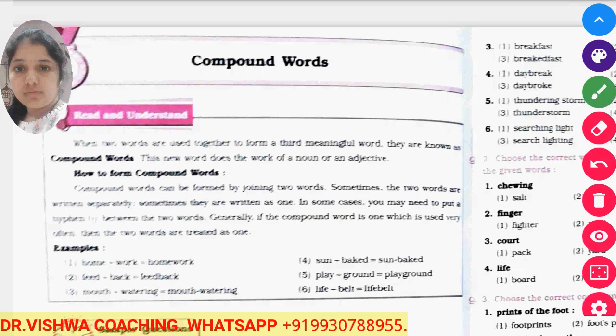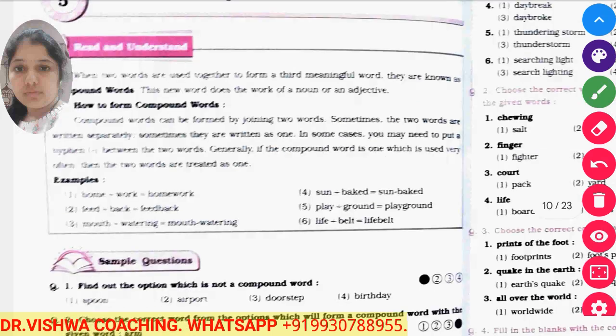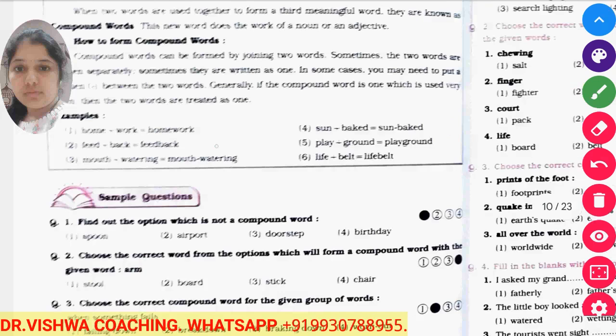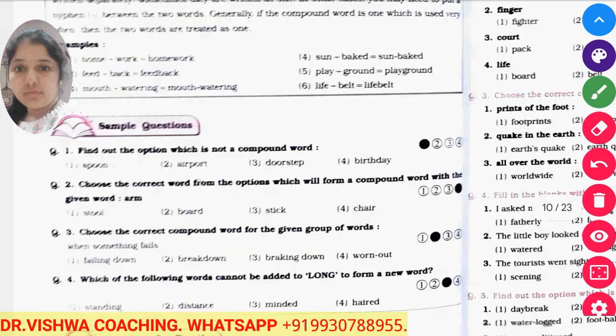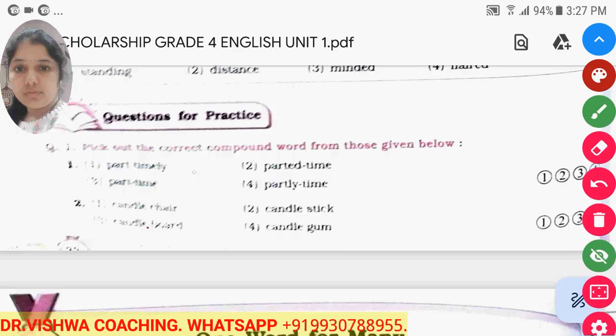Now the first question from the practice exercise. Please find the correct compound word from the given options below. The options are: part timely, parted time, part time, and partly time.